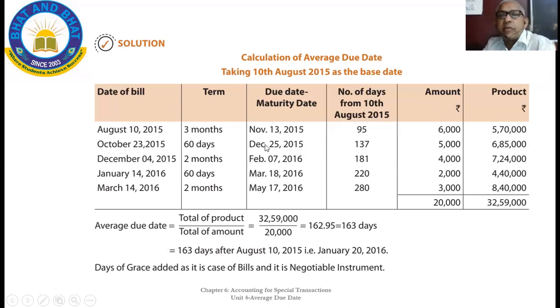And from August 10 to December 25th, 137. August 10th to February 7, 181, like that. Then the amount is given in the question. Multiply these days and amounts, that gives you the product. Add the products. Then this product total divided by amount total gives you 162.95, rounded off to 163. That 163 is from August 10th, that is the base date.